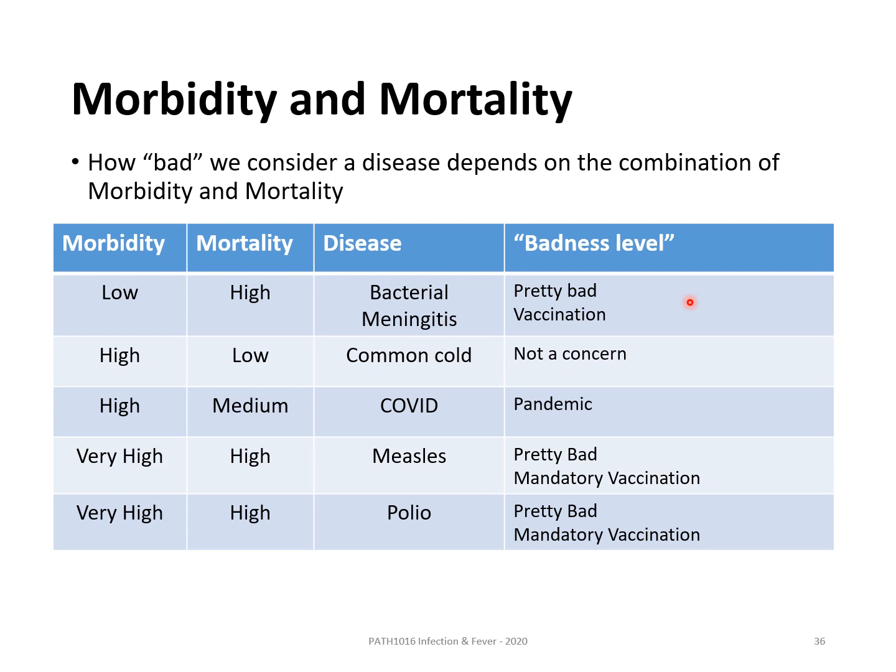If I have something that will kill you if you get it, even though there's a very small percentage of people that will get it, it's pretty bad because the people who get it are going to die. Not good. So bacterial meningitis is pretty bad if you get it.